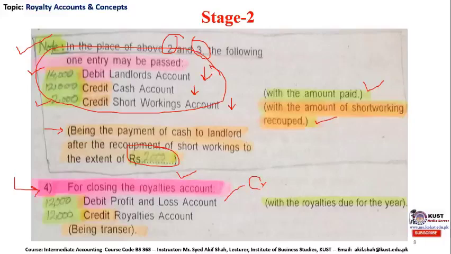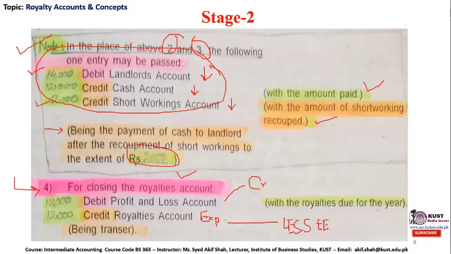This royalty account is an expense account from the perspective of the lessee. When we are recording entries in the books of the lessee, this royalty is an expense account. However, when we discuss the lessor's books of account or landlord account, this royalty is an income for the landlord. However, it is an expense for the lessee, since the business is going to pay out this amount to the landlord. So it is an expense for the lessee.